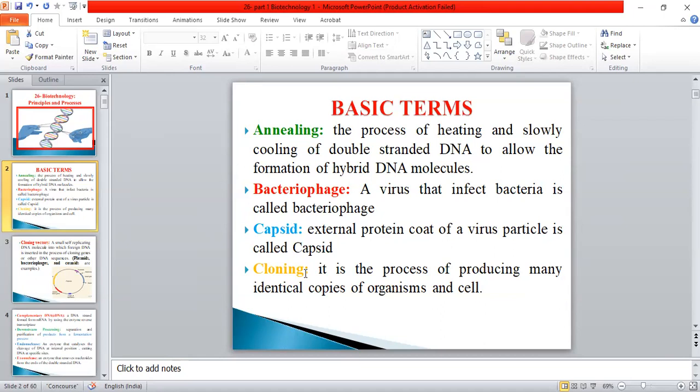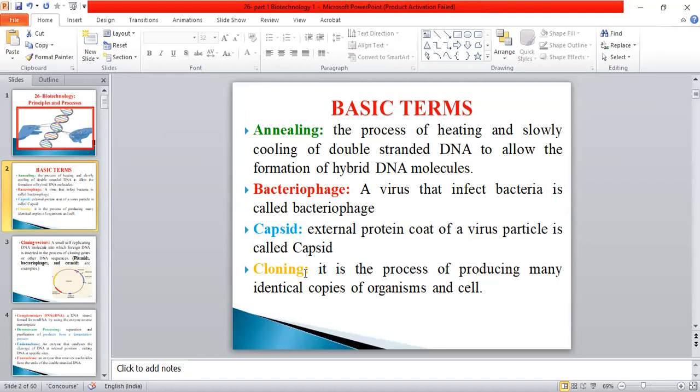They isolate the cell and remove the nucleus from the cell, and they will introduce the new one that they are going to develop. The desirable characters should be introduced inside the cell and replaced in the same organism. Okay, that is called cloning.